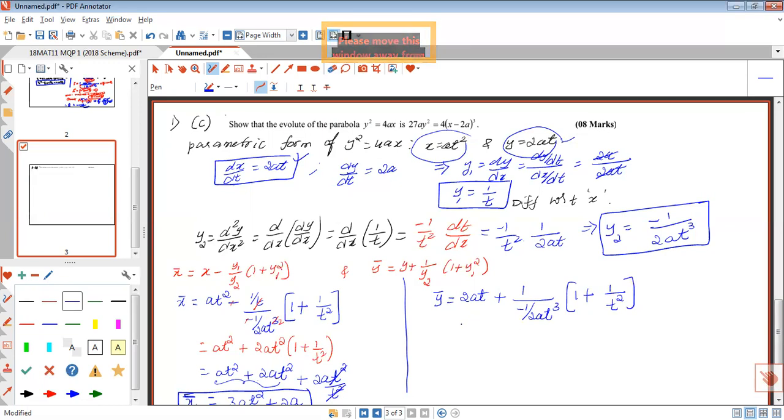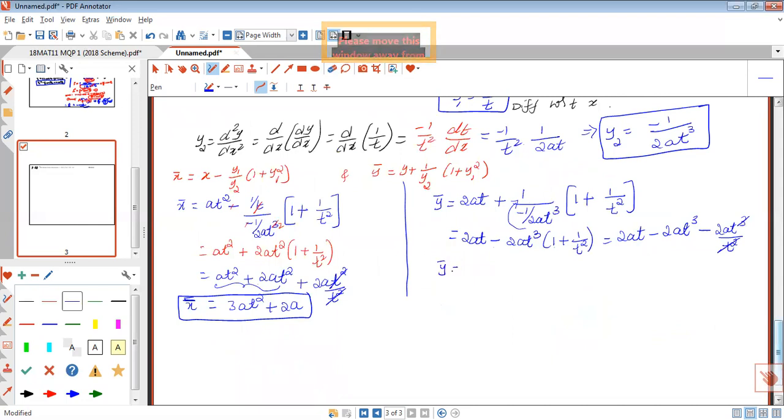Okay, now that is 2at minus denominator of denominator is numerator, the negative sign, 2at cube times 1 plus 1 by t square, or else you can write this as 2at minus 2at cube minus, right, into 1 minus 2at cube divided by t square. So t square gets cancelled, so t remains.